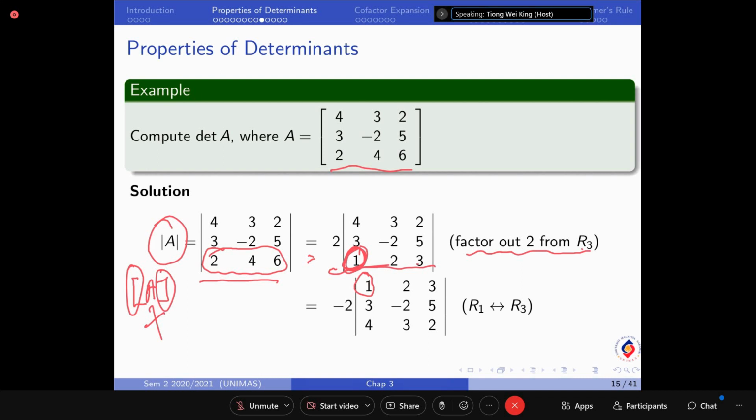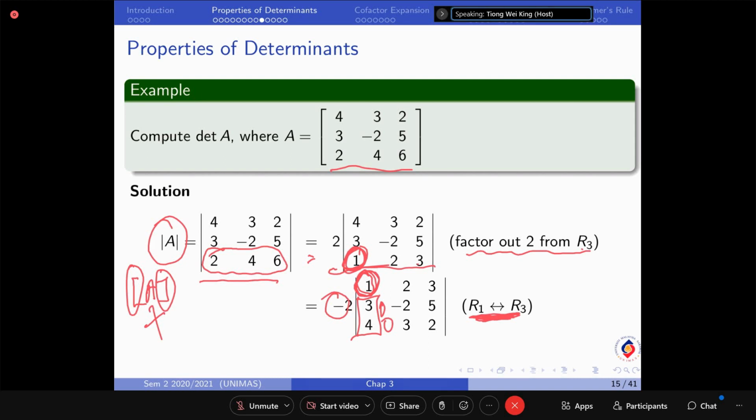After that, because we want to perform row operations to reduce to triangular form, we swap row 1 and row 3 so that we have 1 at row 1. When you do swapping, remember you add a negative sign here. Then after that, I want to make this become 0. Because remember, our aim is to change this to a triangular matrix.